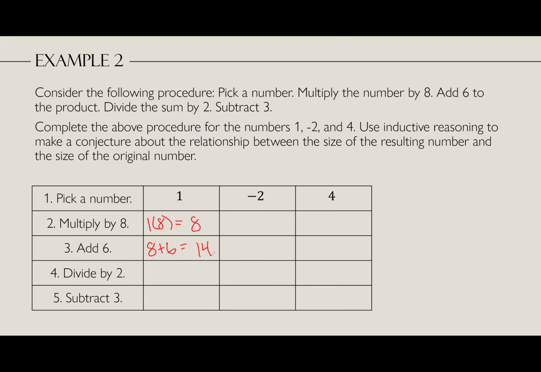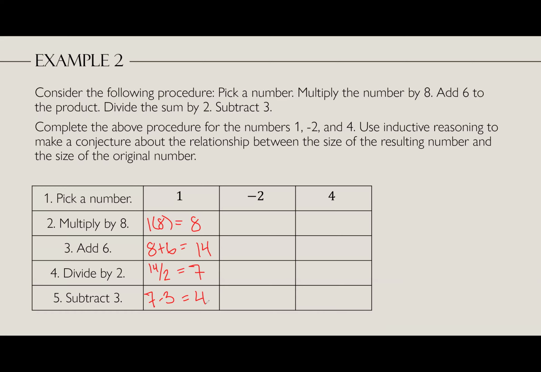Step 4, divide by 2. We get 14 over 2, which gives me 7. And then subtract 3. 7 minus 3, we get 4. So this is me completing the process when I started with picking the number 1. Let's do the same thing for -2 and then 4.